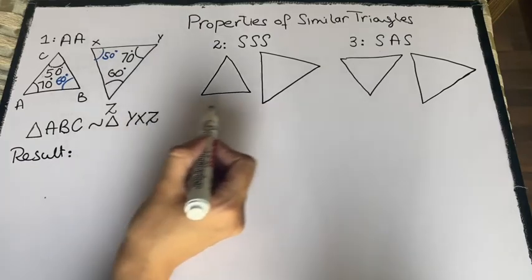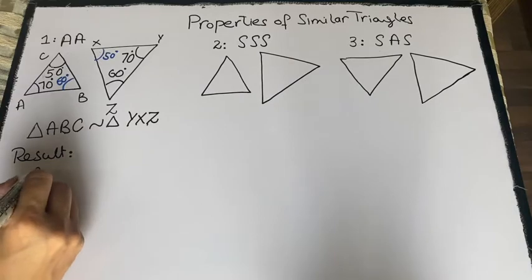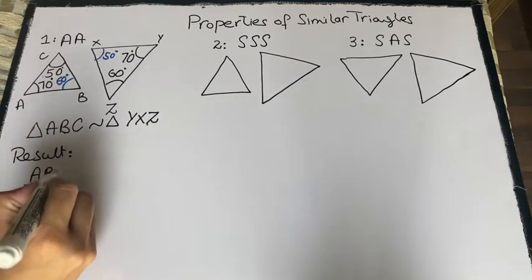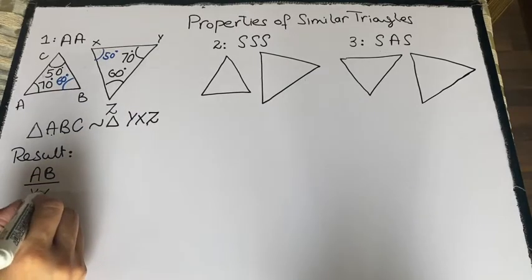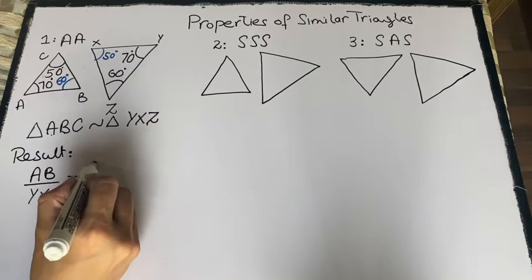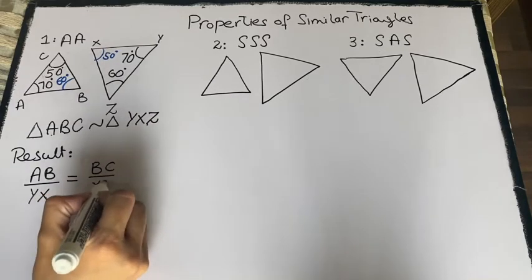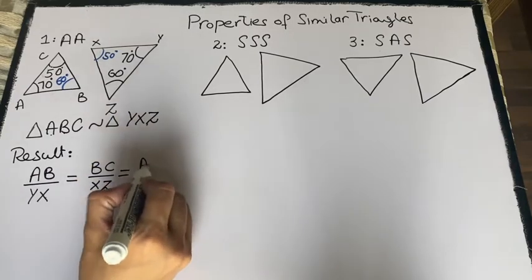I am going to explain it in the second property. Then the result says AB over its corresponding side YX, AB over YX is equal to BC over XZ and AC over YZ.